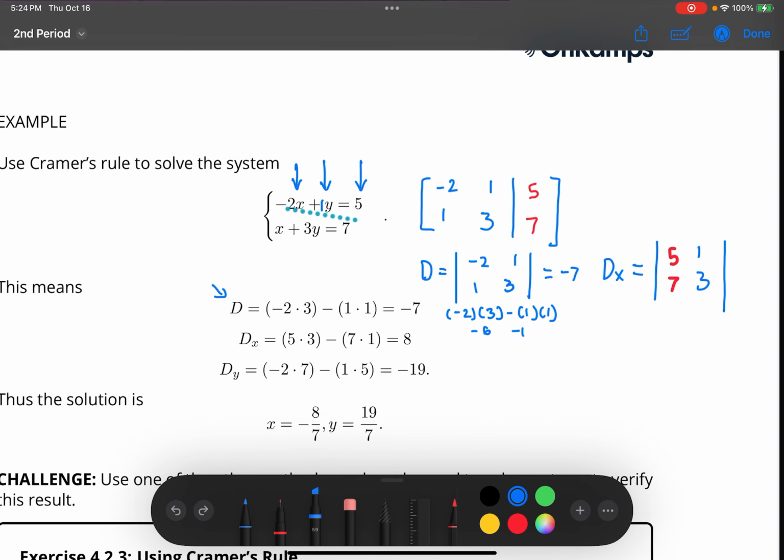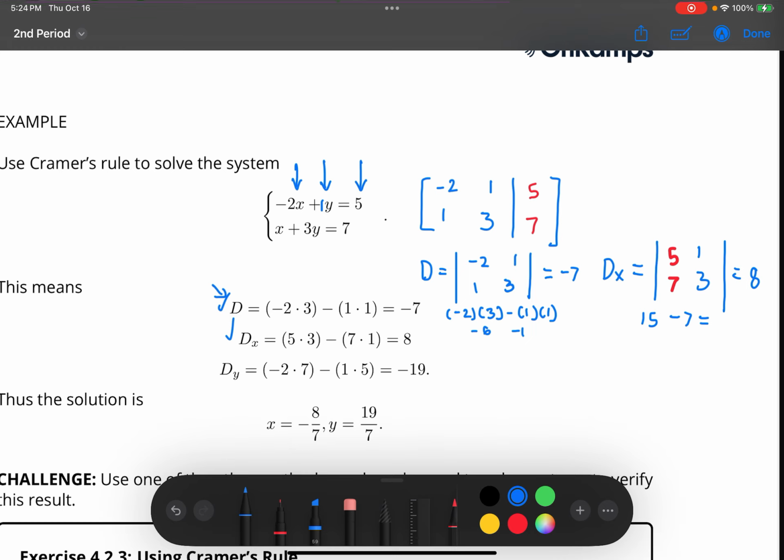Now we do the determinant like we normally would: multiply these two numbers together and then subtract these two numbers. So 5 times 3 is 15, and 7 times 1 is 7, so we have 15 minus 7, which is 8. So the determinant of x is 8, which is what they have right here.